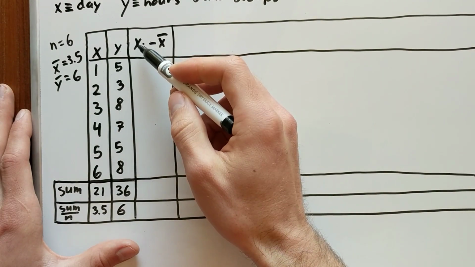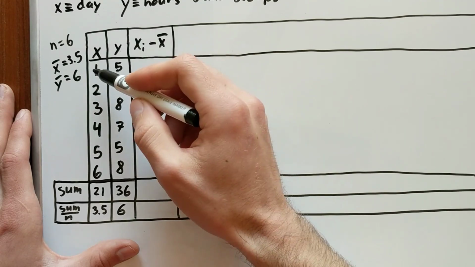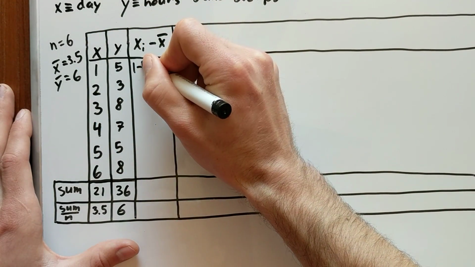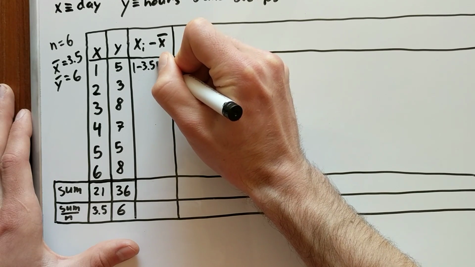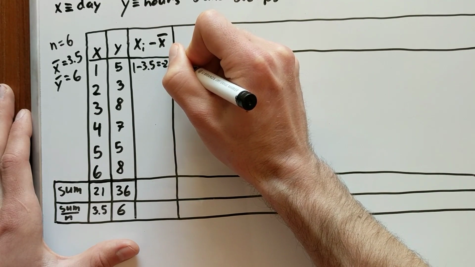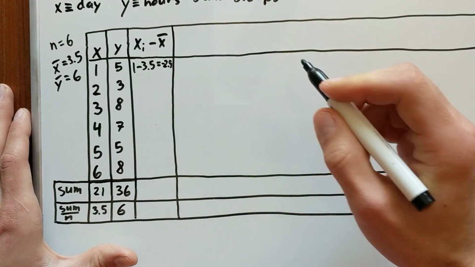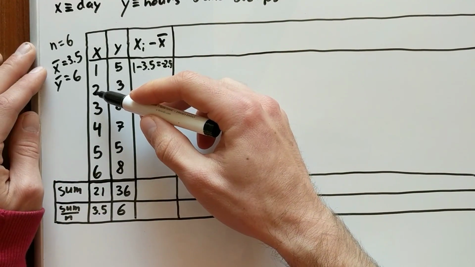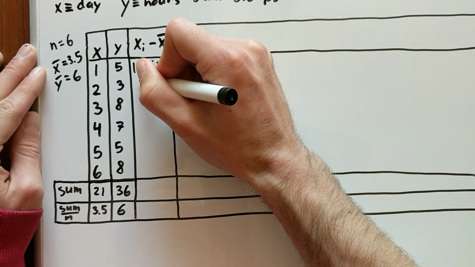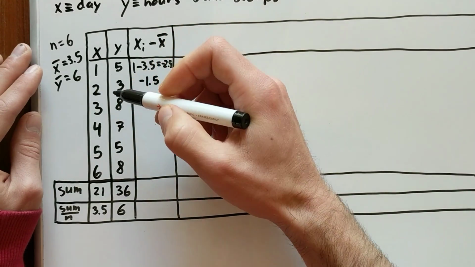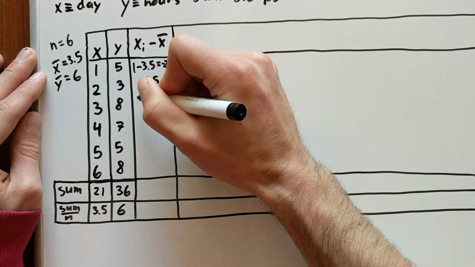For the first data point, xi is 1 minus x bar 3.5 gives us negative 2.5. Ooh, that's a little crunched in there. And then for the next one, it's going to be 2 minus 3.5, which gives us minus 1.5. 3 minus 3.5, negative 0.5.